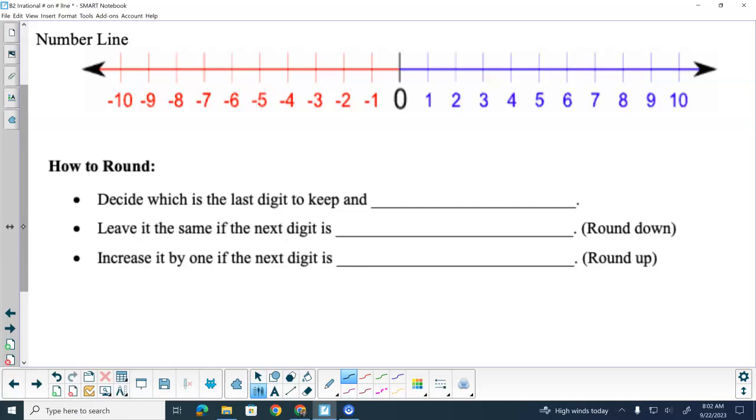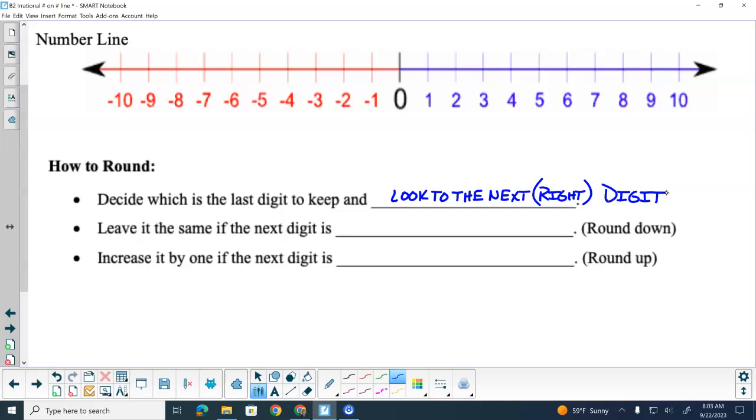So we decide which is the last digit to keep, and then we look to the next right digit. Yesterday, remember I told you to put an arrow on top of the one that you're rounding to, and an arrow on the bottom of the one that you have to look at.